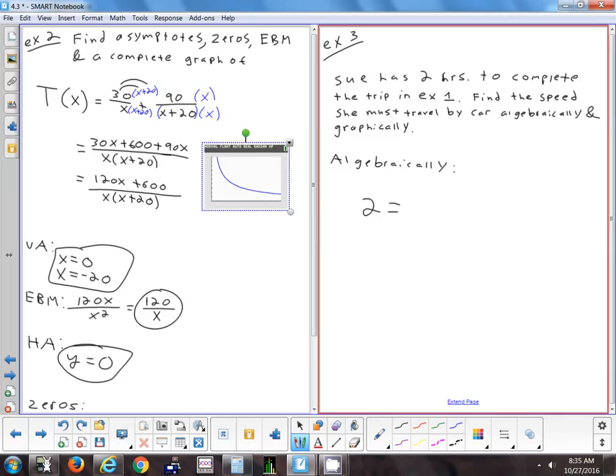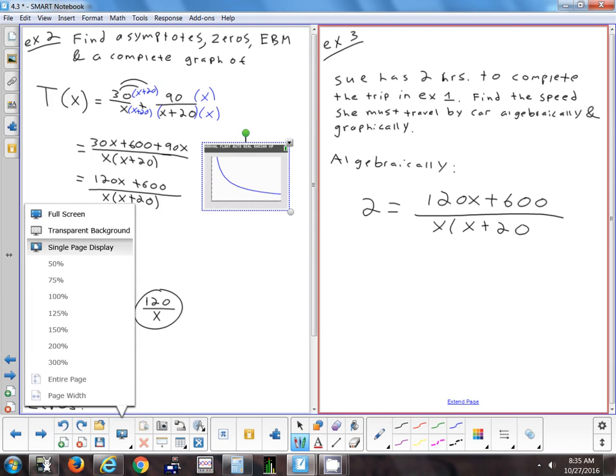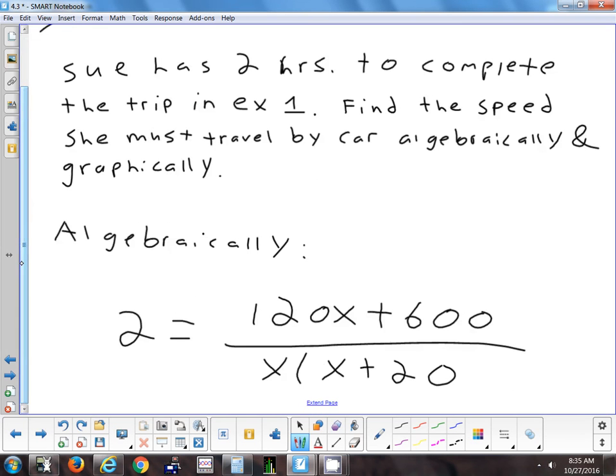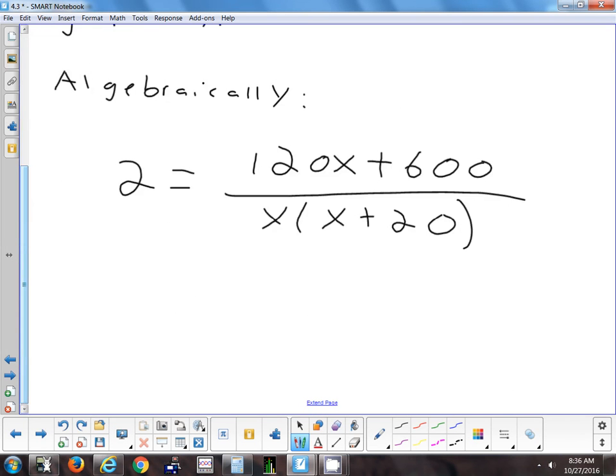So the time equals 120x plus 600. And we're going to divide by x plus 20. Okay, any thoughts on how I would solve that? What do you think I would do first?